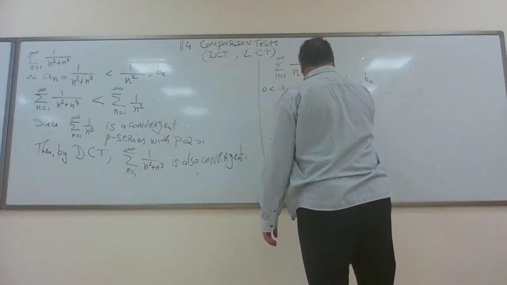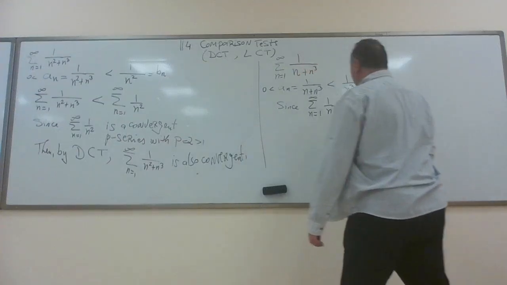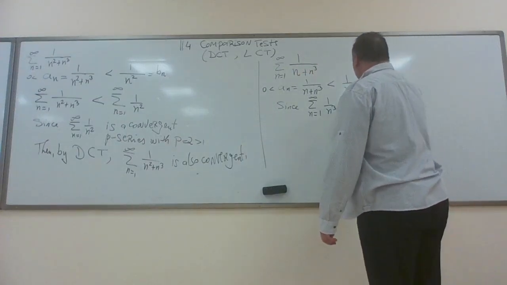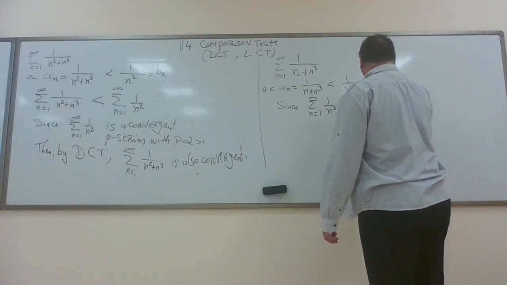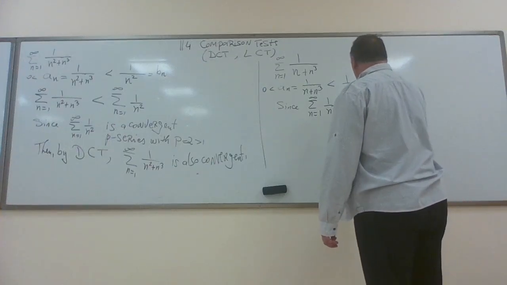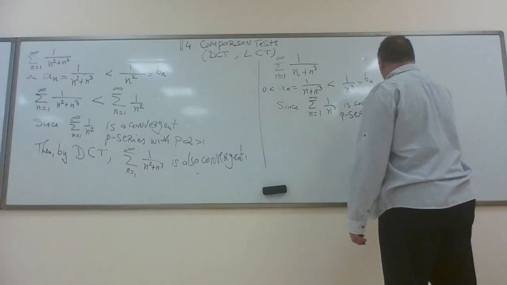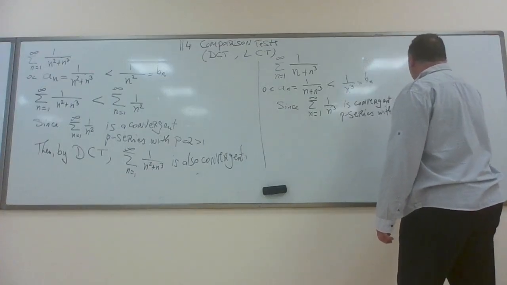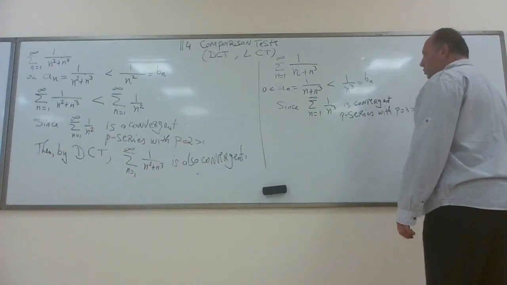So the series is convergent. p series with p equal 3, and 3 is bigger than 1, so it's convergent.